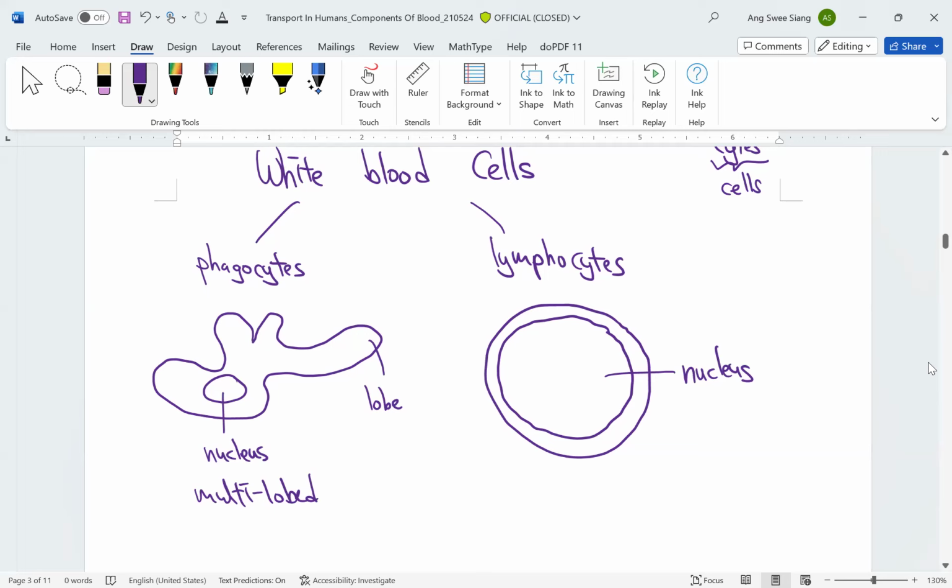Besides antibiotic, what else is produced by the body? By the way, antibiotics are not produced by humans, they are produced by other cells. Sorry. So what is the function of lymphocyte?